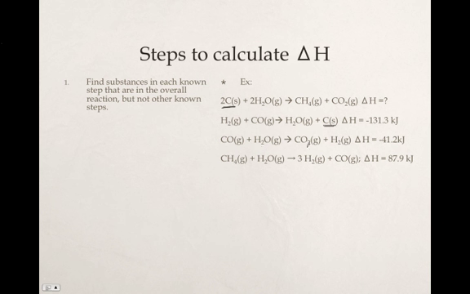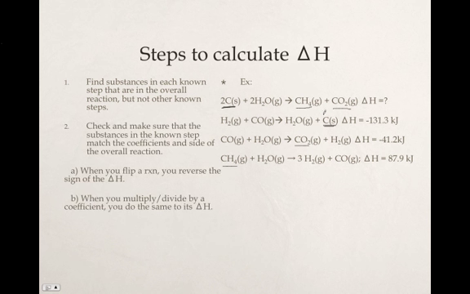Carbon dioxide would qualify as a good substance because it is in this step and only this step, and it is also found here in the overall reaction. The last step, CH4, is a good substance because it's in this step and in our overall reaction here, but it's not in any of the other steps. So now we found a substance in each step to concentrate on.